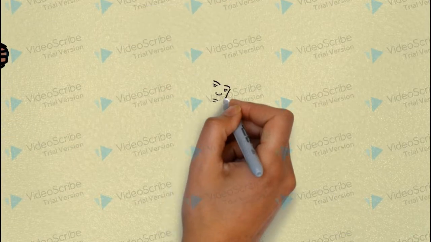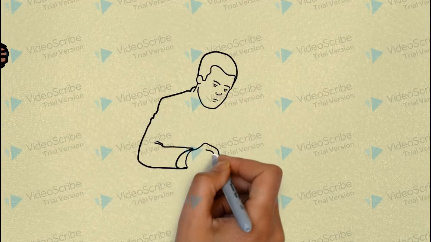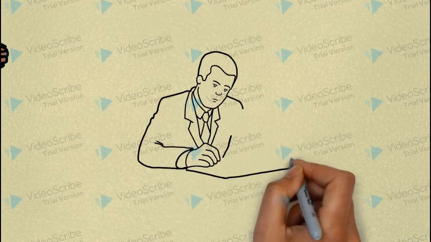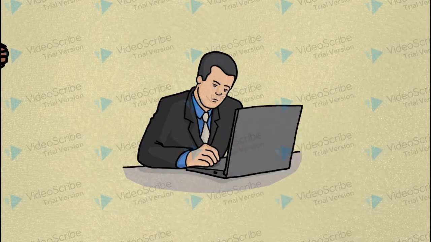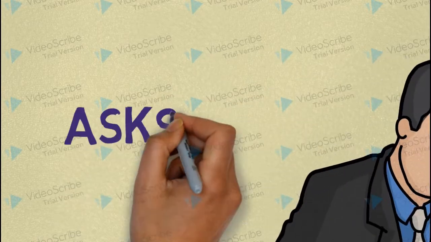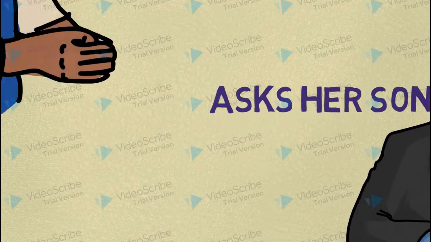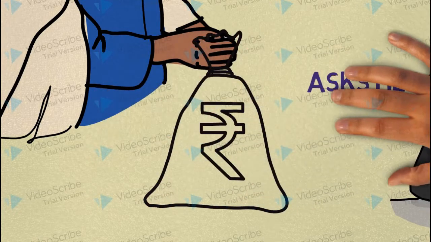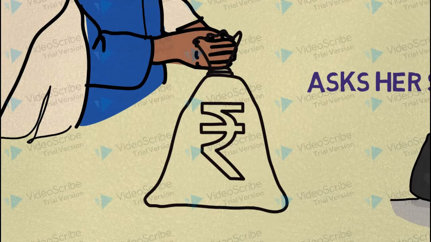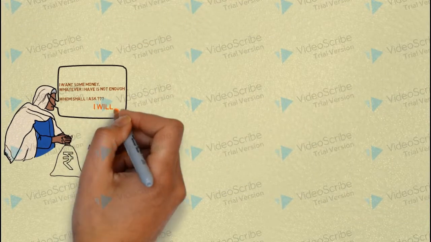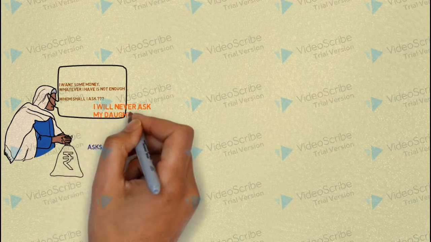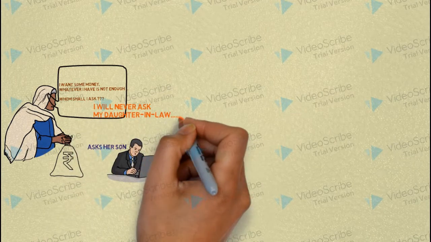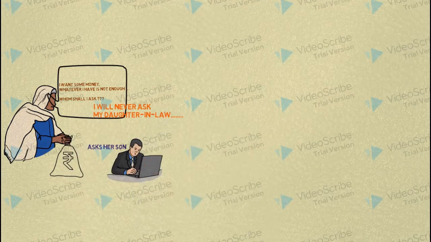Suddenly, she remembers her loving son and she explains to him the trouble she is currently facing. The loving son immediately gives what his mother needs. Feeling contented, the Bollywood-typical Sas murmurs, "I will never ask my daughter-in-law for anything."